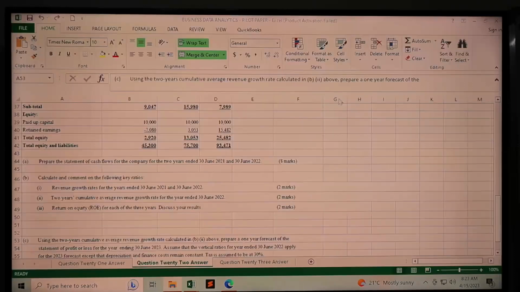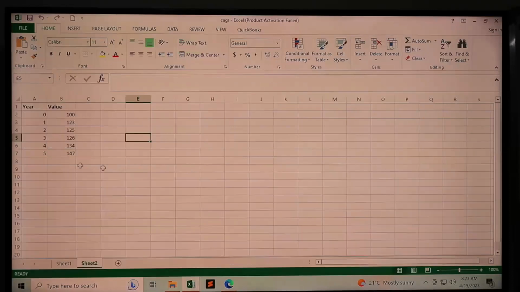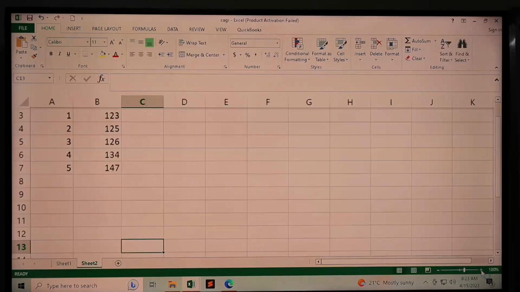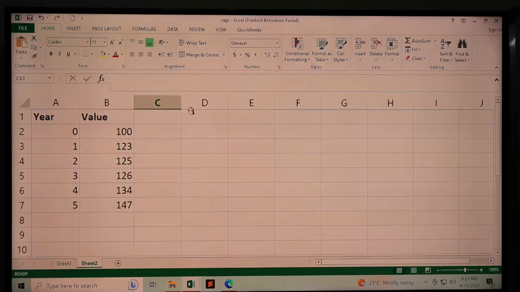So that being our workbook, then we want to insert the functions to get the compounded annual growth rate.